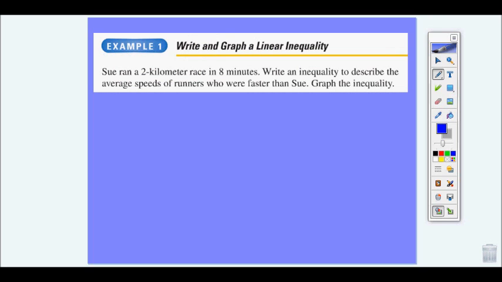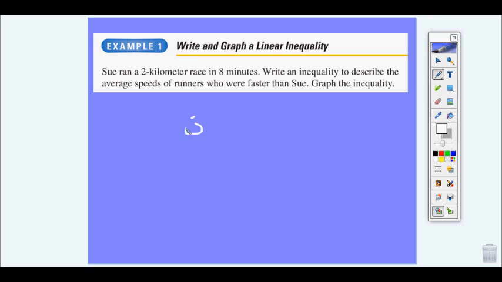So if we look at our first story problem: Sue ran a 2-kilometer race in 8 minutes. We're going to write an inequality to describe the average speed of runners who were faster than Sue. We could have many different ones, but we're going to go with speed.